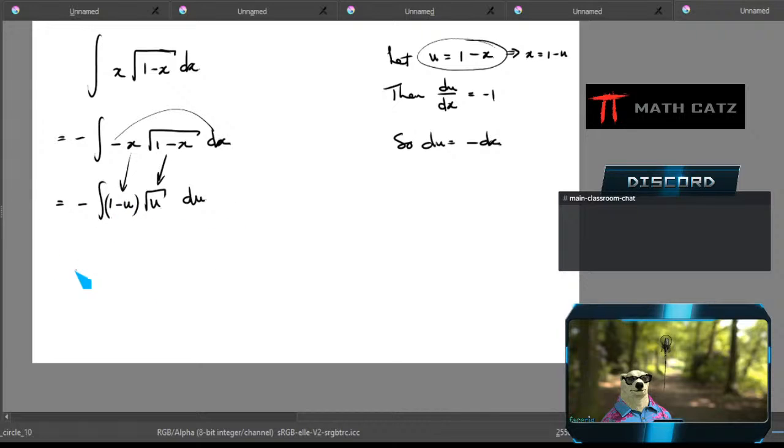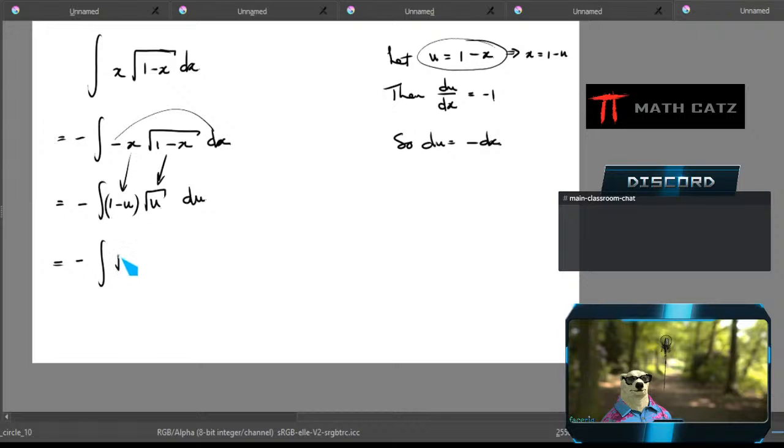Everything's in u. I wasn't concerned about this x in the beginning. It'll all work out in the end, if I do everything right. Now I have my negative here. I don't know what to do with this. Product rule? No. There is a product rule for integration, but that's way too hard for us, in my opinion. So I'm going to have to simplify.